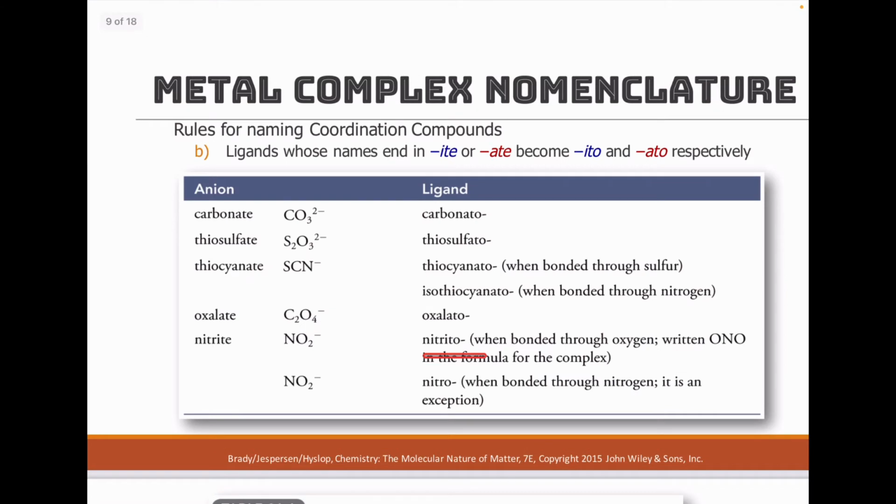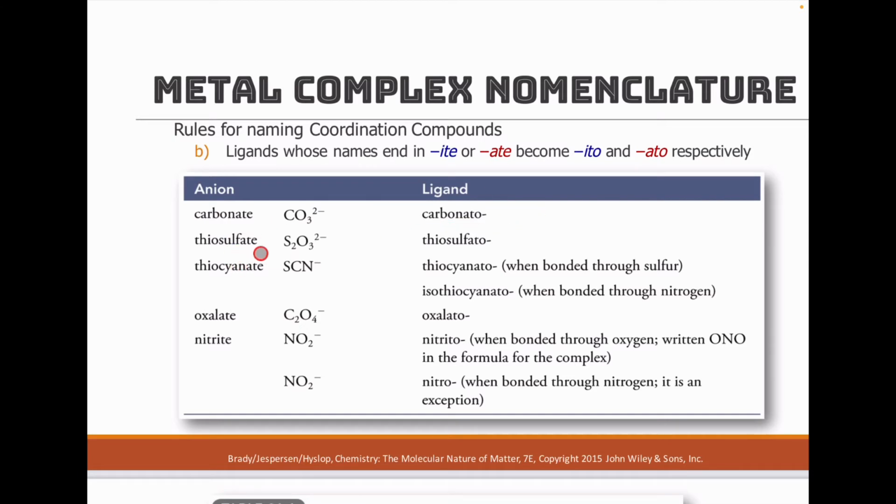Metal complex nomenclature rules for naming coordination compounds. Ligands whose names end in -ite or -ate become -ito and -ato, respectively. When you look at the anion carbonate, the ligand is carbonato.